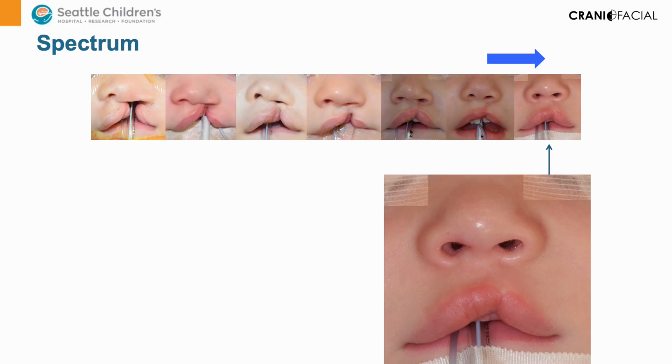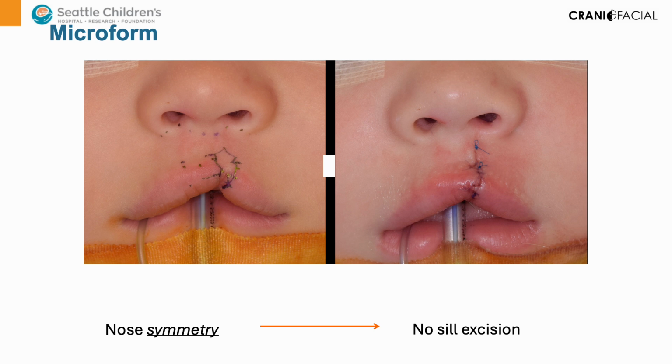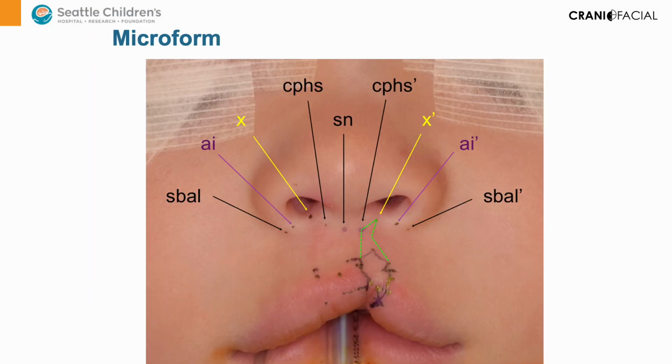And then if we go even further along the spectrum, here's a microform cleft. There is nose symmetry, so we don't need to proceed with excision up to the nasal sill. And the repair is similar to that described by Mulliken, the double unilimb Z-plasty, but we arrive at that by placing all our landmarks.